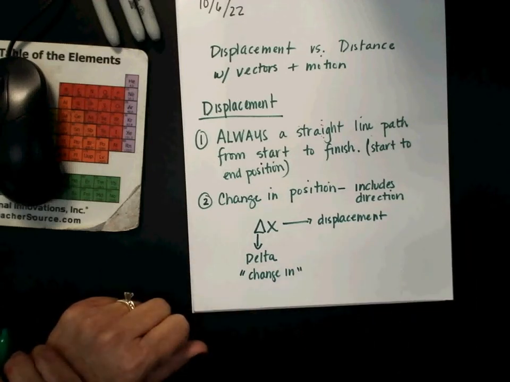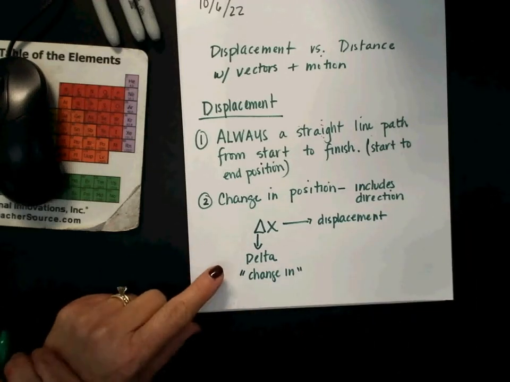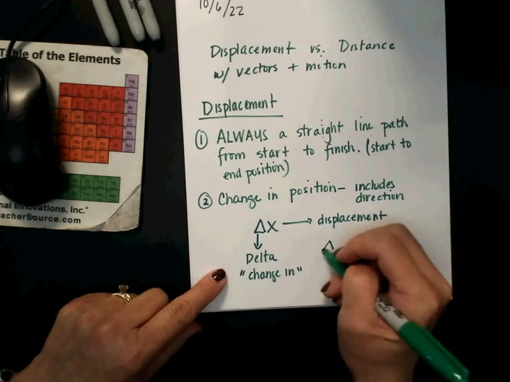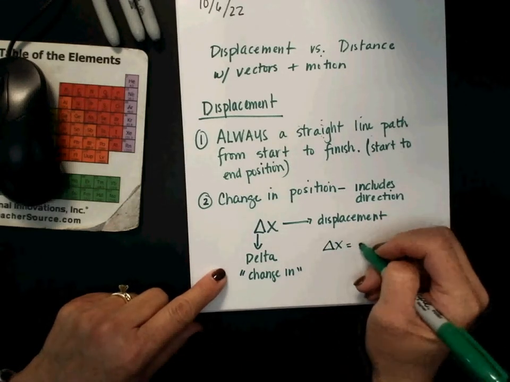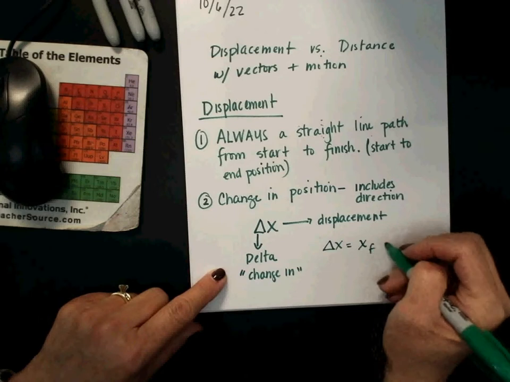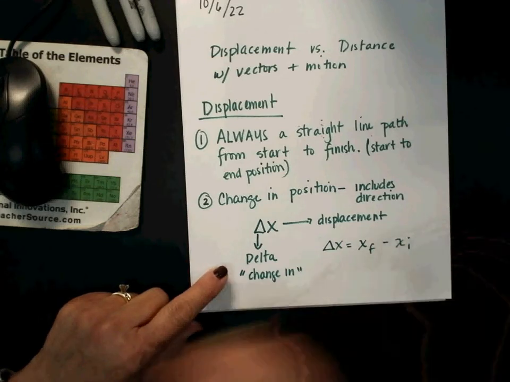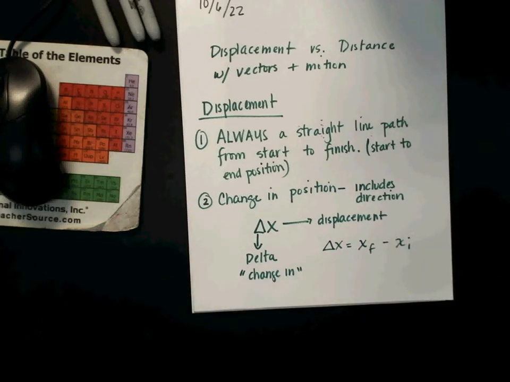I can find my displacement or my change in position by using delta x equals x sub f minus x sub i. What do you think x sub f means when I'm talking about a position? Anybody have any idea? The f? What'd you say?